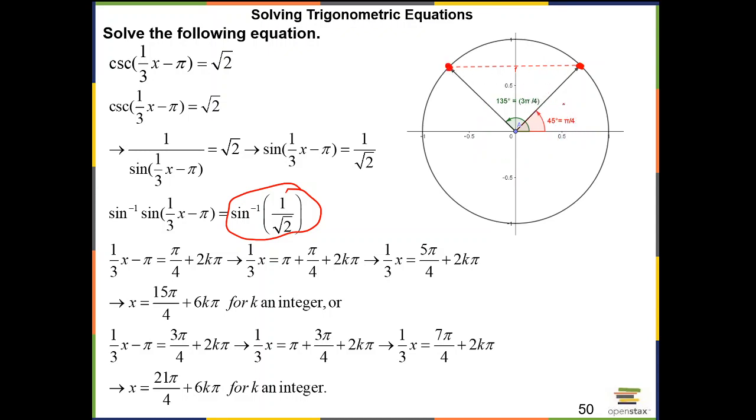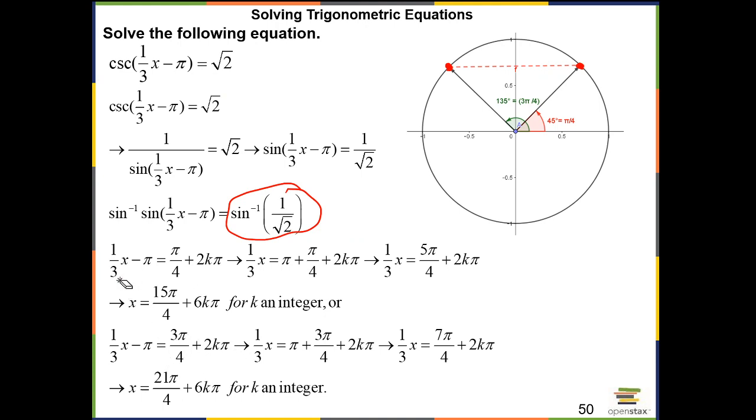Since we know this is 45 here, then this is 45. So that would be 180 minus 45, or pi minus pi over 4, which obviously is going to be 3 pi over 4. So there are two solutions.